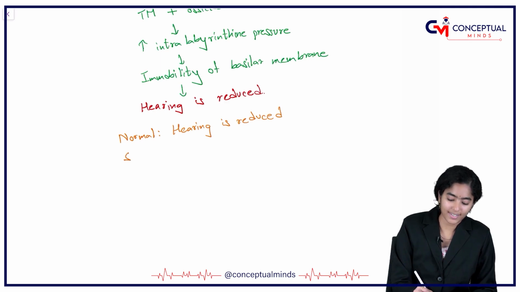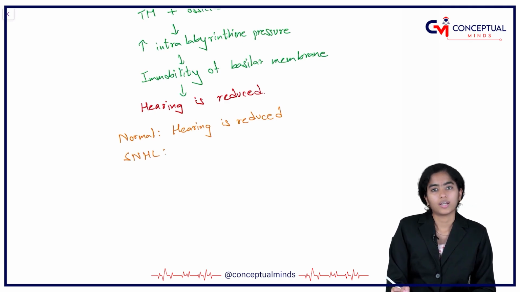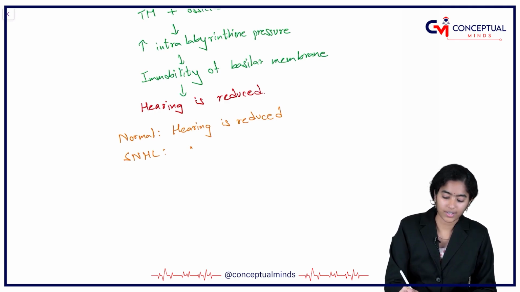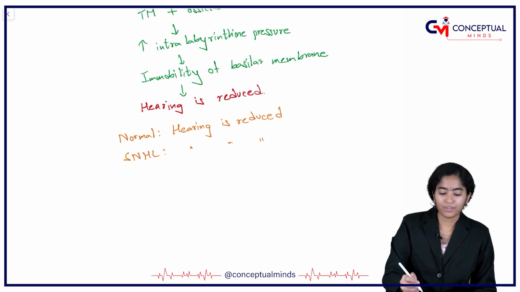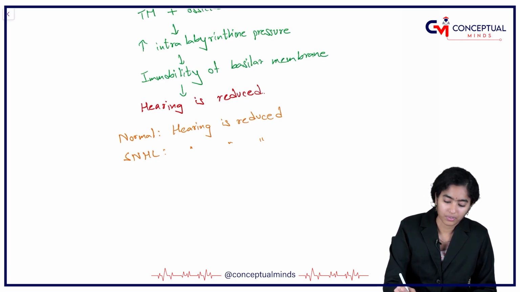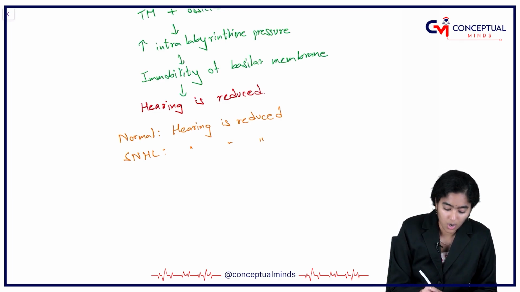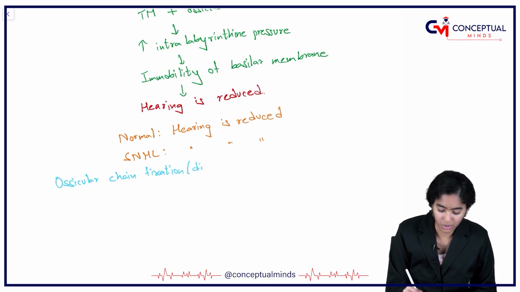In a person of sensorineural hearing loss also, the same thing happens. Hearing is reduced. As such, cochlea is not functioning properly. On top of that, because of all the increased pressure and immobility of basilar membrane, hearing is reduced. But if the patient is having ossicular chain problem, suppose there is ossicular chain fixation or discontinuation.